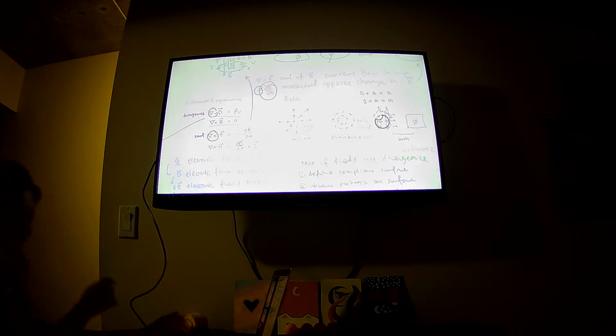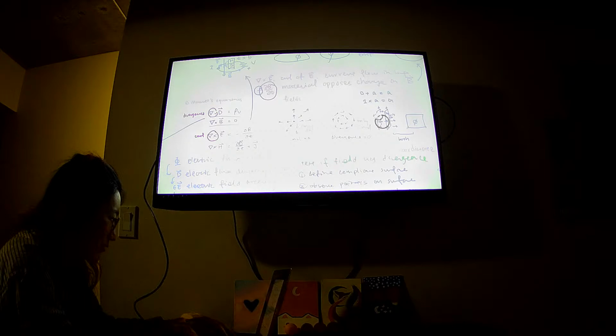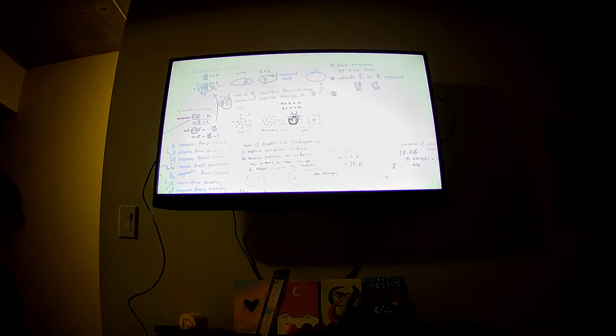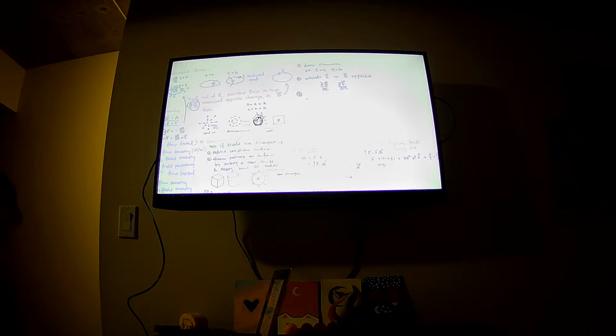But the curl equation is too hard to use, so we have an equation. EMF is equal to the delta, so this is the change of the magnetic field, integrated over your surface.